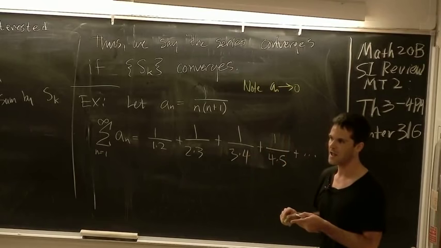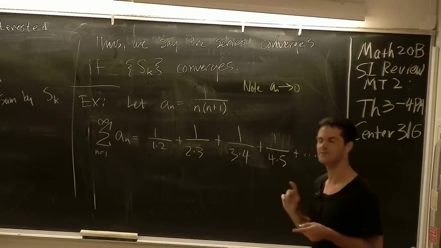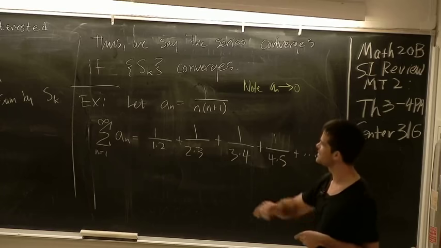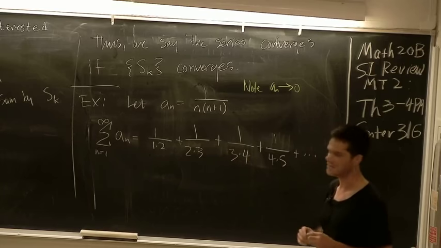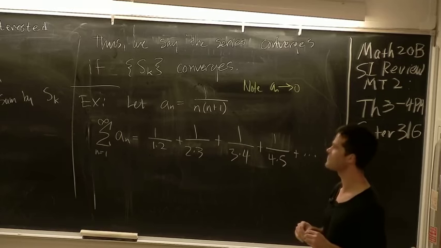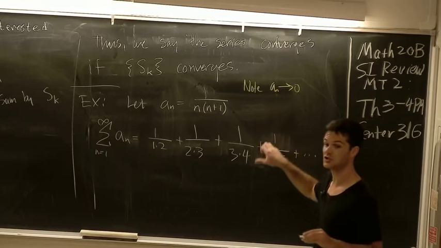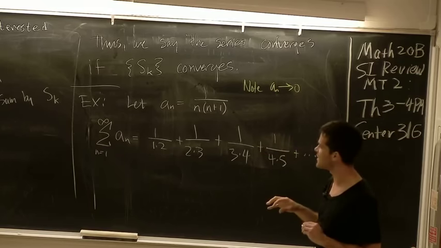But, and we're not going to have time to do it today, that's actually not sufficient to say that the series is finite. You can have terms where the individual terms go to 0, but the sum blows up to infinity.